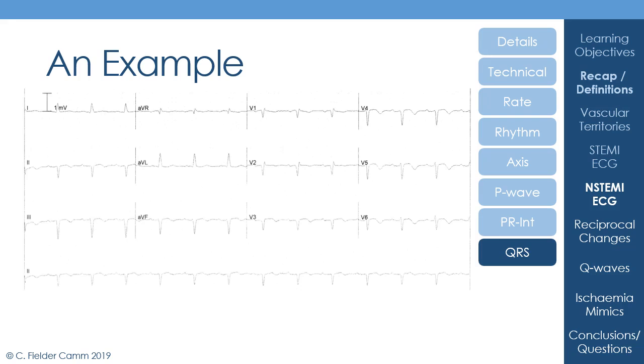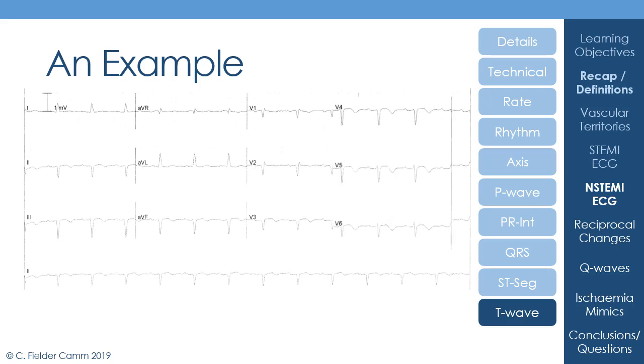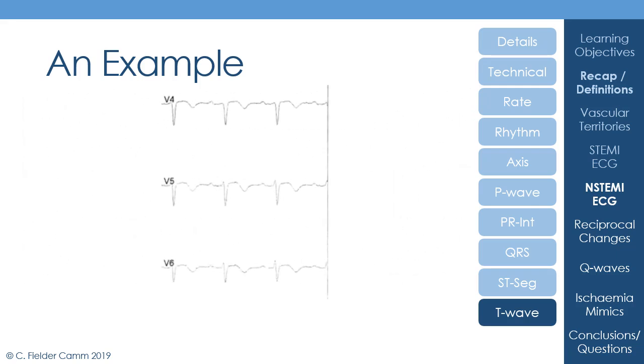But the rest of the QRS complex is relatively narrow, and it certainly doesn't reach criteria for left ventricular hypertrophy. The ST segments, I don't think they're hugely deviated. I think the key finding here is obviously our T wave inversion. I'm going to blow this up. You can see it in V3, but it's quite pronounced here in V4 to V6.